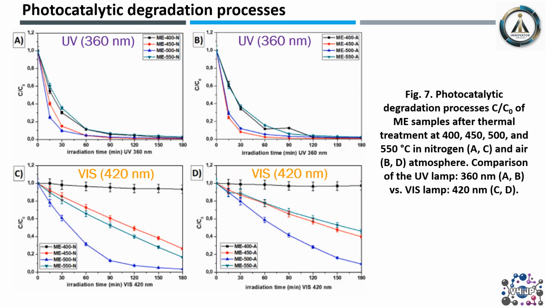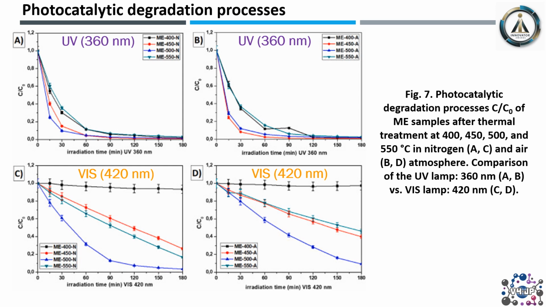To get final information about our synthesized samples in nitrogen as well as in air atmosphere, we performed the photodegradation experiments, and the experiments were performed over Acid Orange 7 model dye, and were analyzed under UV lamp and VIS lamp.